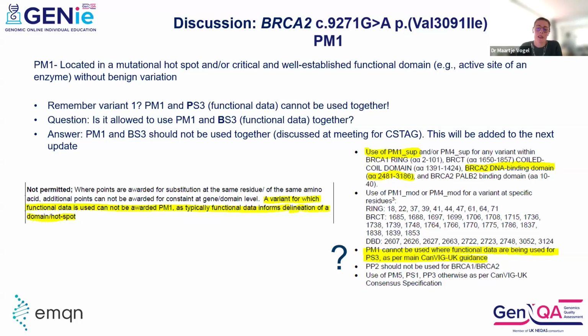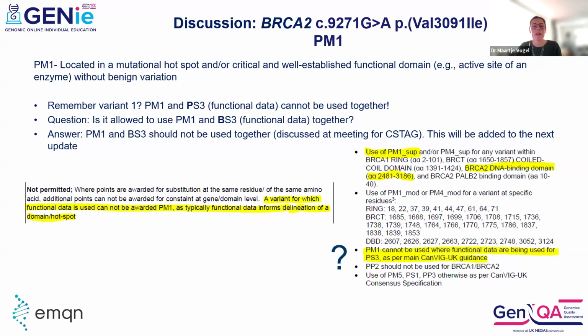So when you look in the instructions, it's just not completely clear. You find a line which makes sense, which tells you that when functional data is used for a specific variant, you should not use PM1, so information on location of a hotspot or domain, as typically the functional data informs the demarcation of a domain or hotspot.